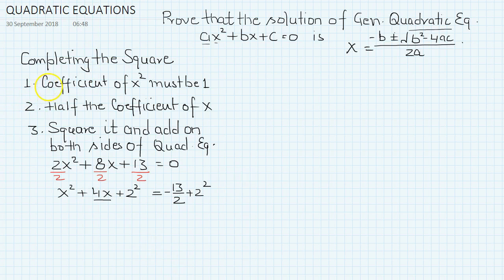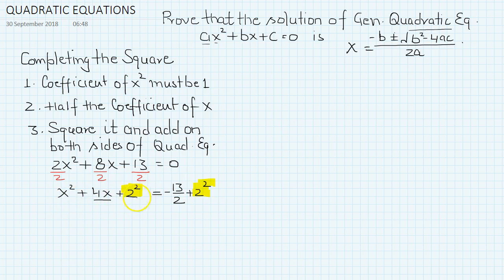So first thing what I have done is, I have made the coefficient of x square 1 by dividing by the coefficient. Then I have divided the coefficient of x by 2. So 4 divided by 2 is 2. I have made the square and I have added this square on both sides. That's all I have done.